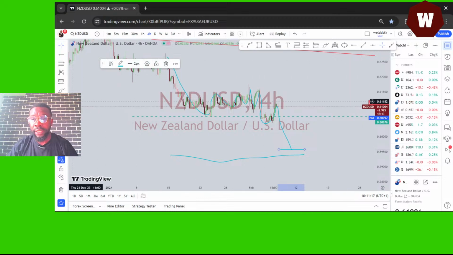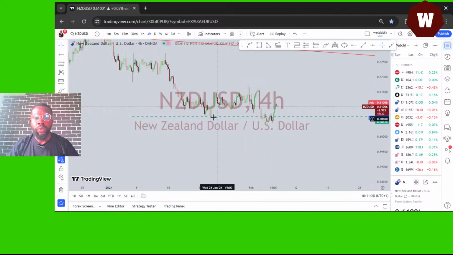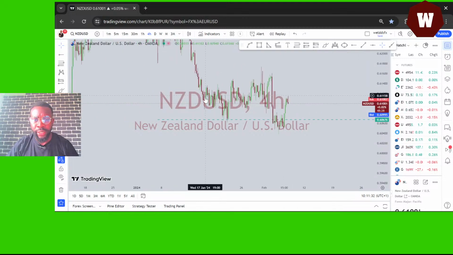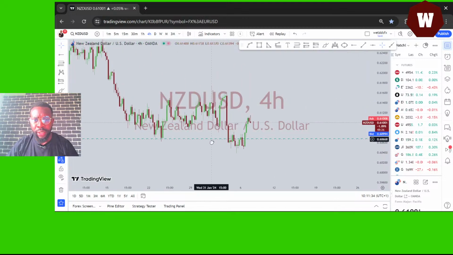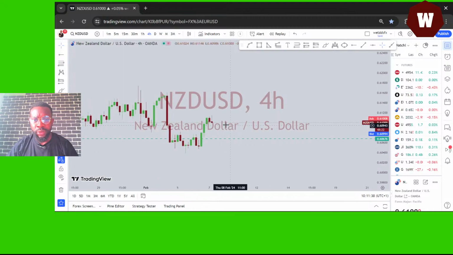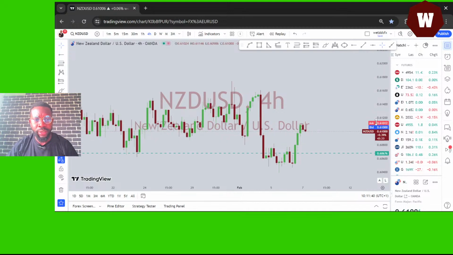Let me clean all my drawings. So if I've cleaned all my drawings, this is what I see on New Zealand dollar against the US dollar. So let's do this.